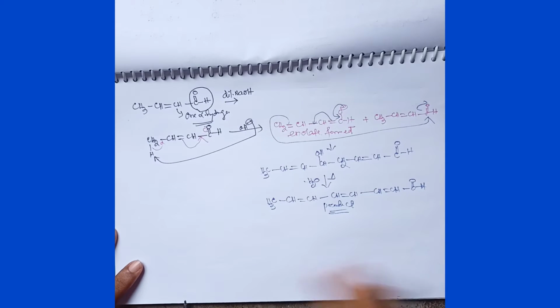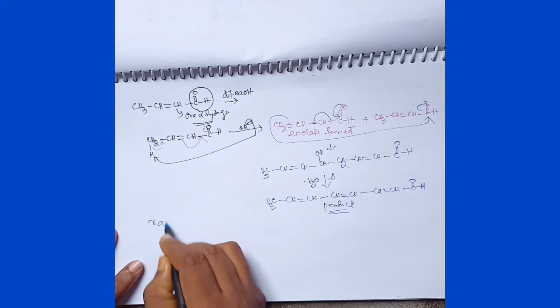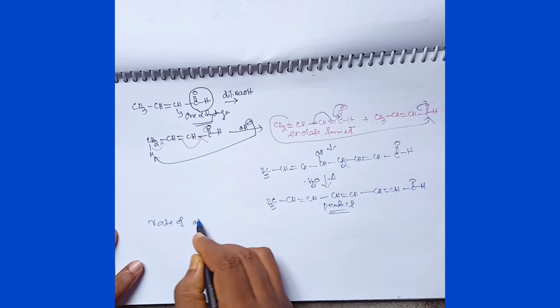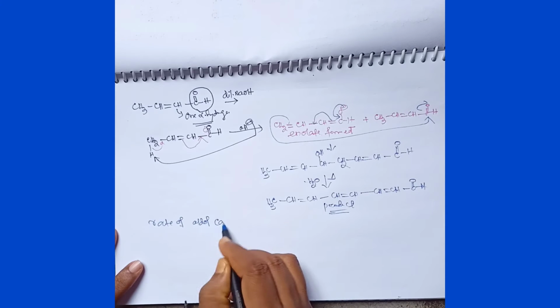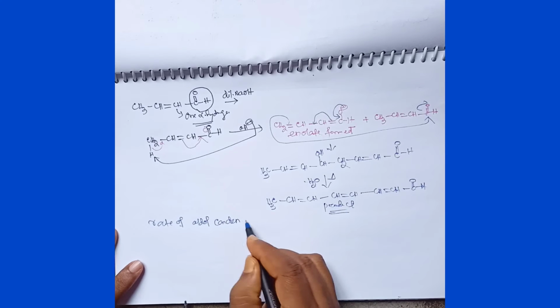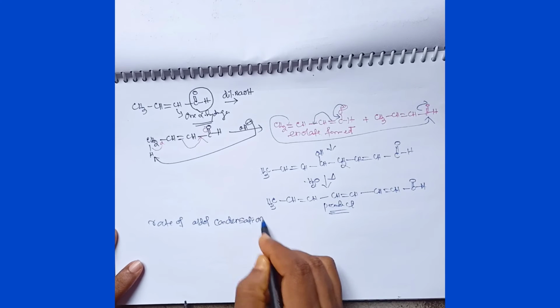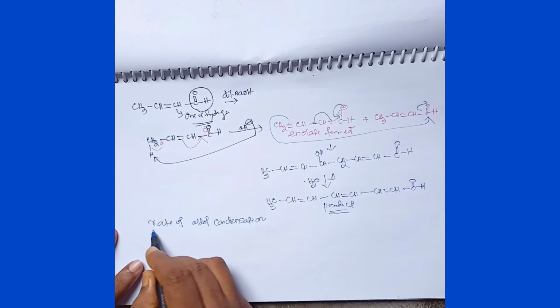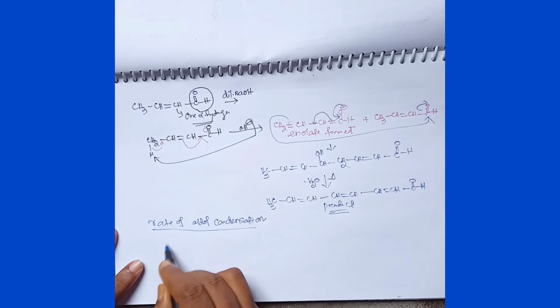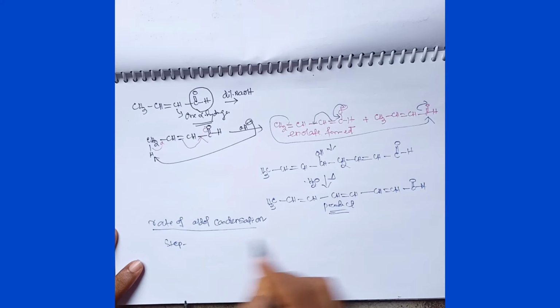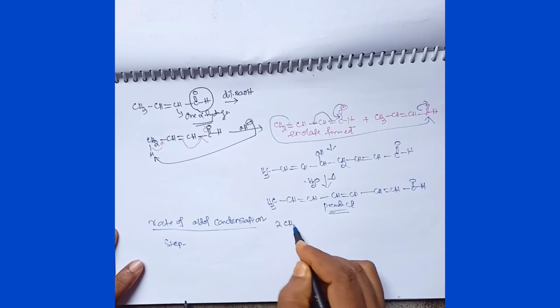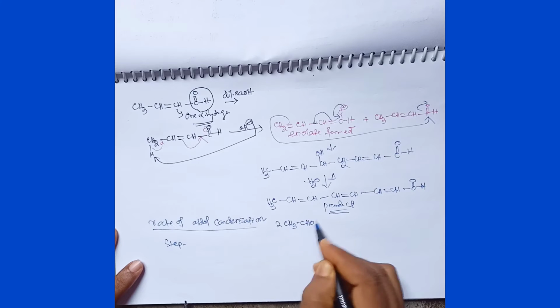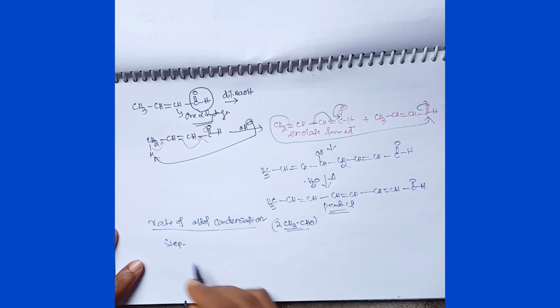Now, we will discuss a little bit about the rate of Aldol condensation. Step 1: suppose we take 2 molecules of acetaldehyde. So, what will happen in step 1?